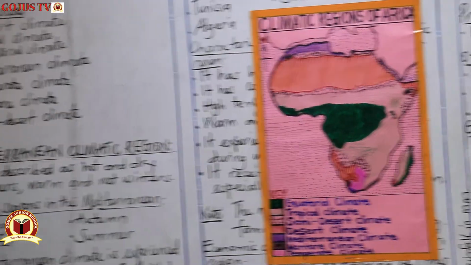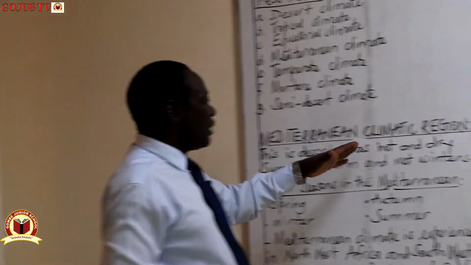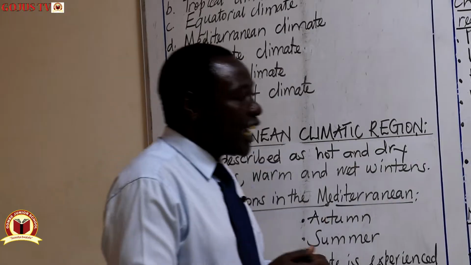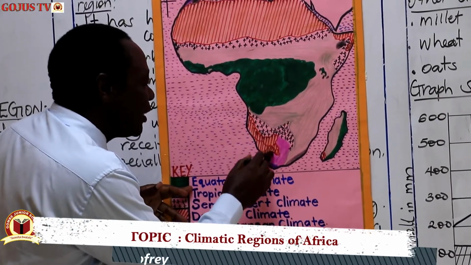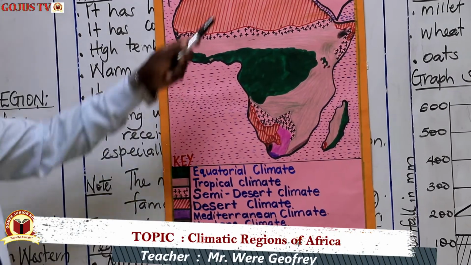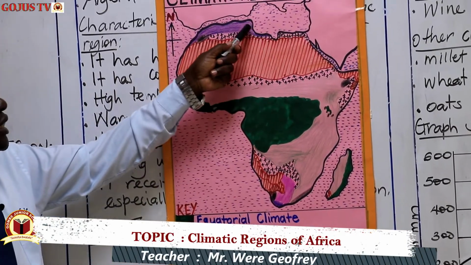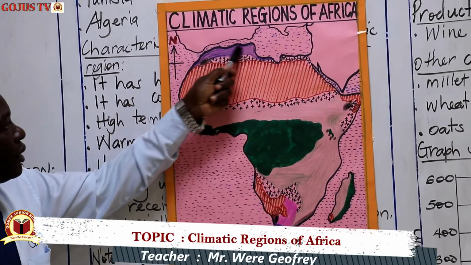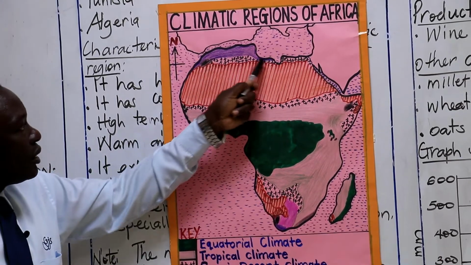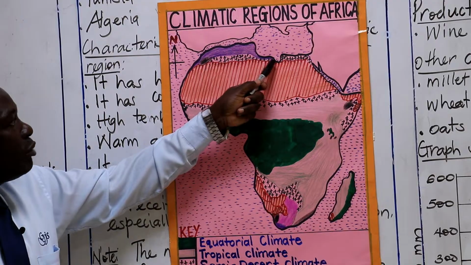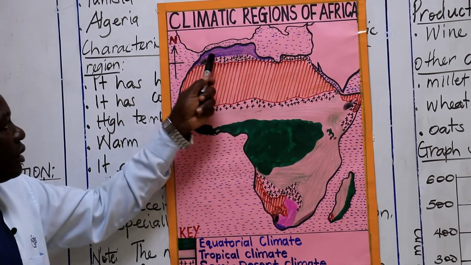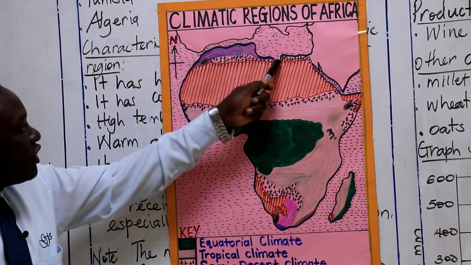We have the Mediterranean climate or Mediterranean climatic region. I told you this region is in South Africa at Cape Town and also near the Mediterranean Sea: Tunisia, Libya, then Morocco, around this region.